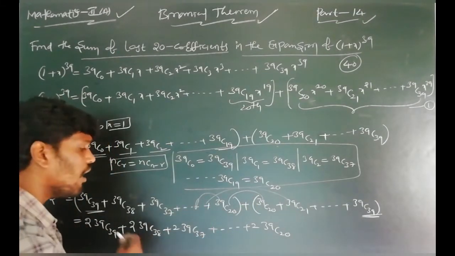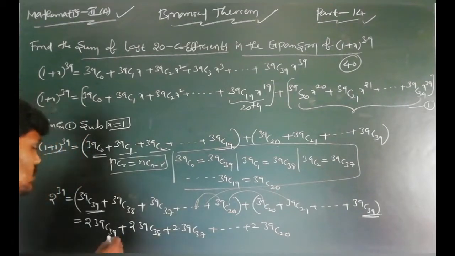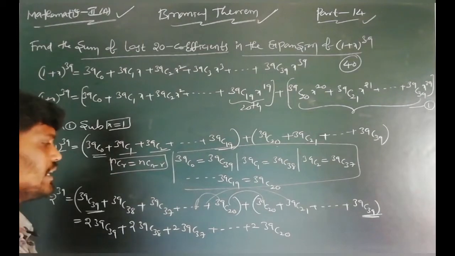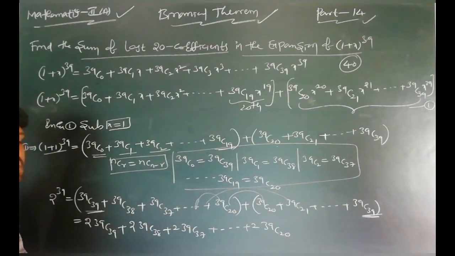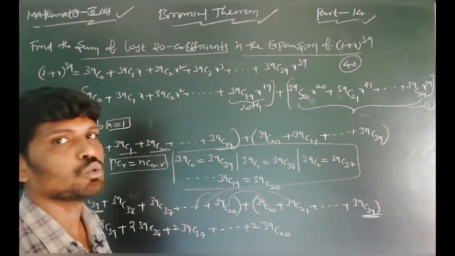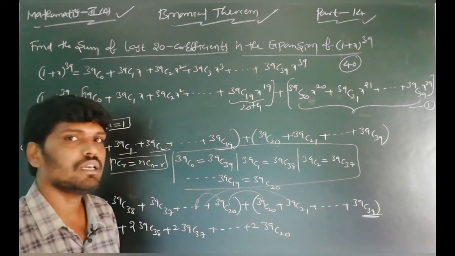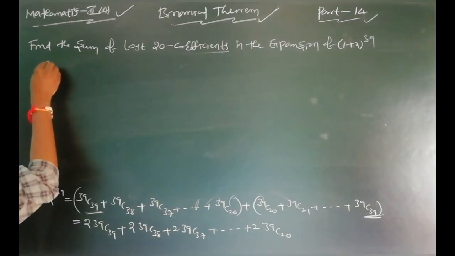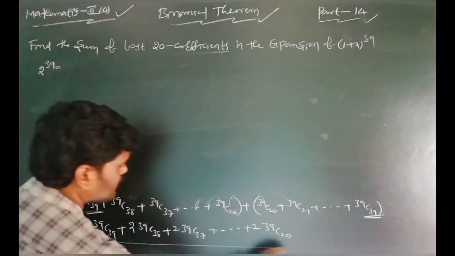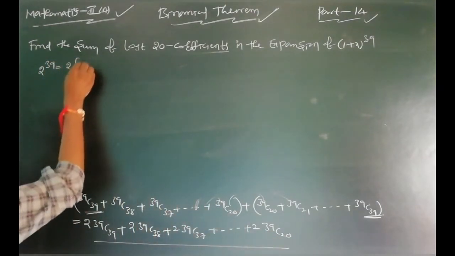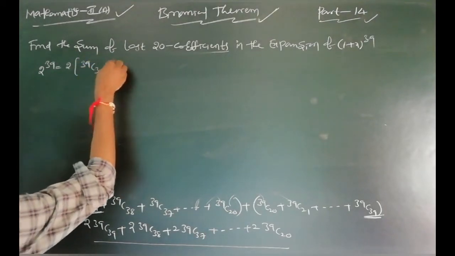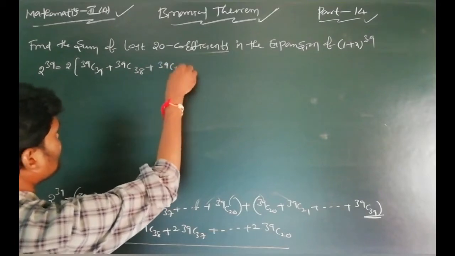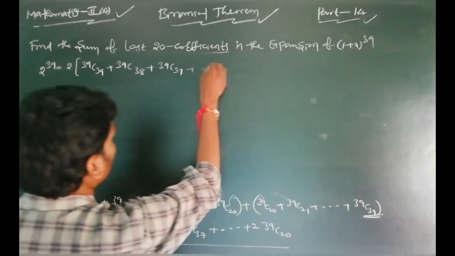You can write 2^39 = 2 times 39C39 + 2 times 39C38 + 2 times 39C37 and so on + 2 times 39C20. Here 2 is common: 2^39 = 2(39C39 + 39C38 + 39C37 + and so on + 39C20).